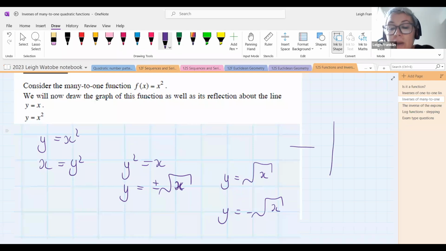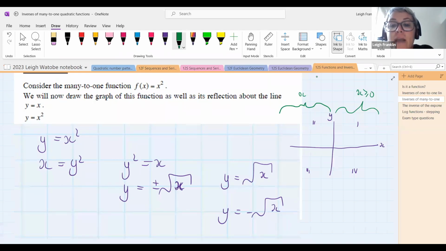Just to go back to our Cartesian plane again: quadrant 1, quadrant 2, quadrant 3, quadrant 4. Okay, x is going to be positive. So x is positive in quadrants 1 and 4. It's this region of the graph over here where x is positive, and it's this region over here where x is negative.